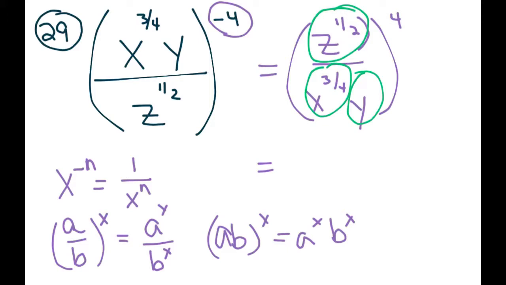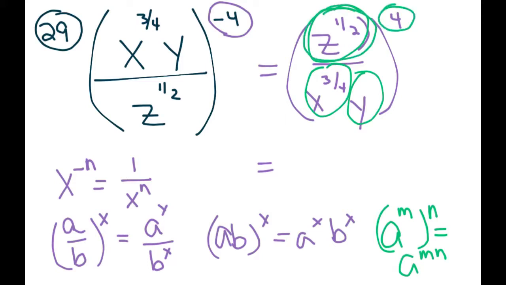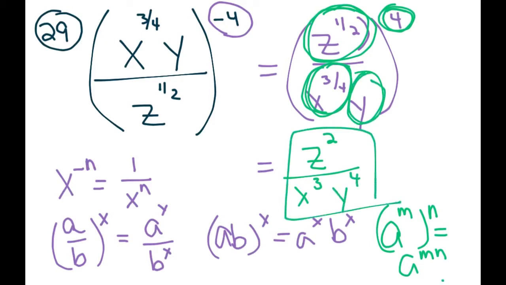Well, we have another property of exponents that says something to a power, you just multiply the exponents. So in order to do x to the 1/2 to the 4th, I'm going to do 1/2 times 4, which is 2. Then in the denominator, x to the 3/4 to the 4th is just 3/4 times 4, which is 3. And then y to the 4th. And there, it's simplified.